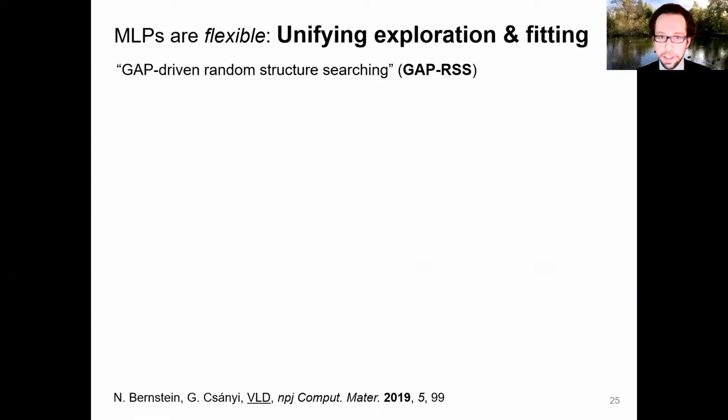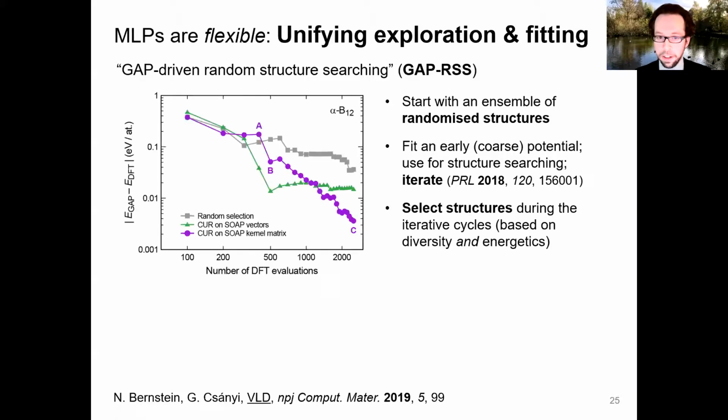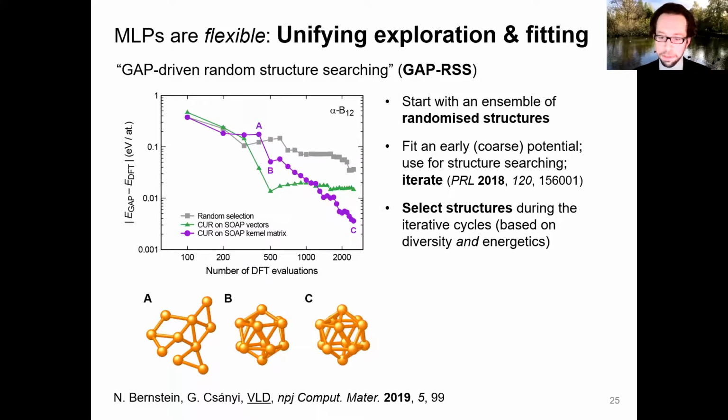So by starting with just randomized atomic positions and then gradually fitting improved versions of potentials, we can make potentials for materials. Initially, these were experiments for boron, which is one of the challenging cases. So you see how the algorithm gradually discovers what, for example, alpha boron 12 might look like.